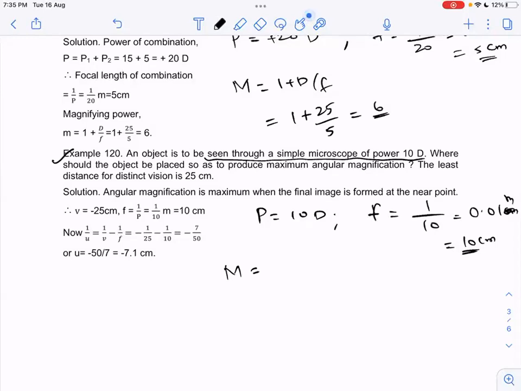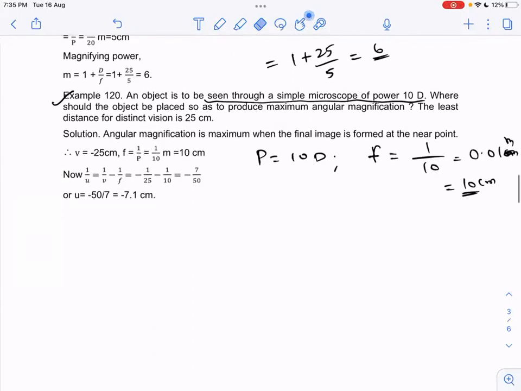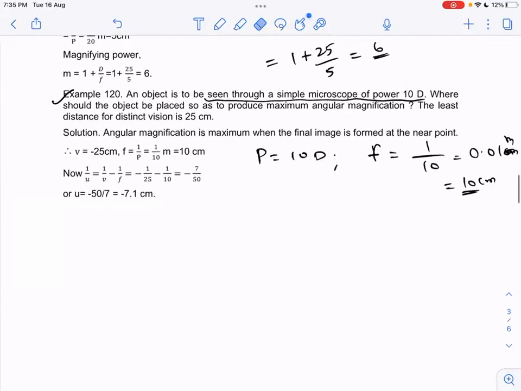They are asking maximum angular magnification. I'll give you two options, you tell me: infinity or capital D. So for maximum magnification, where should the image be formed, at infinity or at capital D?